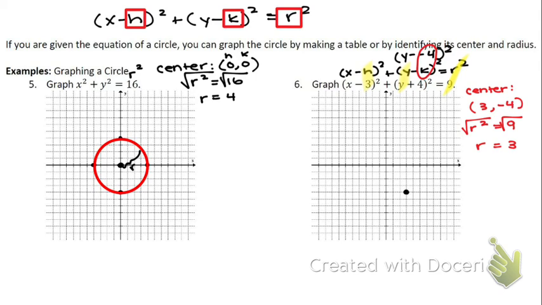And then my radius is 3. I'm going to go in all four directions just because those are the easiest, and then I'm going to do my best to connect those. And again, notice that this distance from the center to any point on the circle is the radius. And that is it.